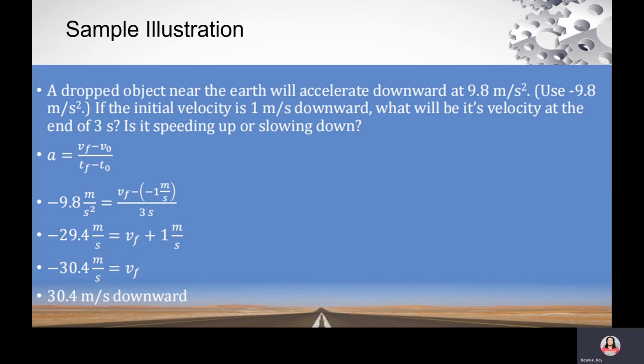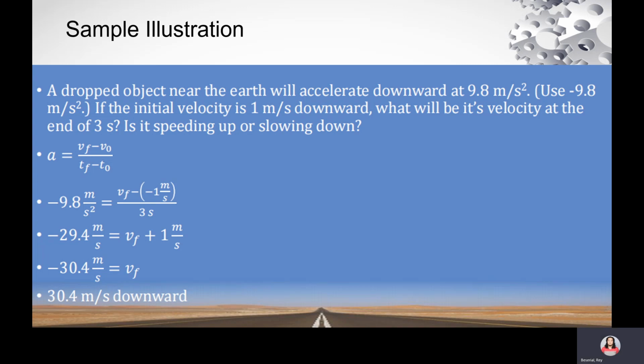So, if the initial velocity is 1 meter per second downward, what will be its velocity at the end of 3 seconds? Is it speeding up or slowing down? So, yung ating acceleration, ang kanyang formula again is yung ating delta v or yung ating change of velocity over change of time. Okay, delta t.